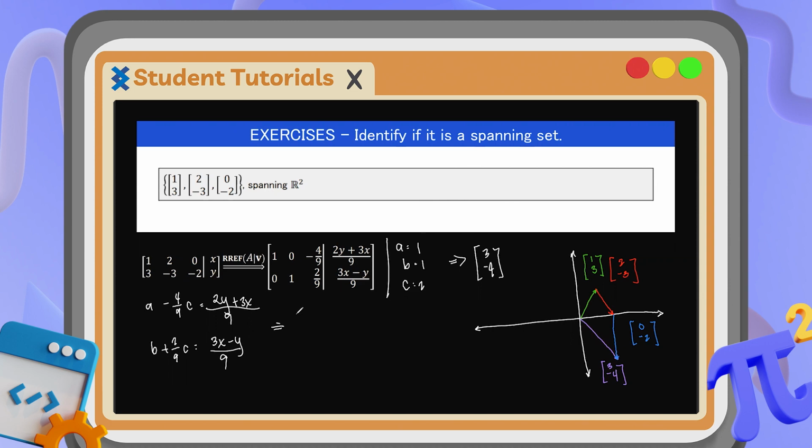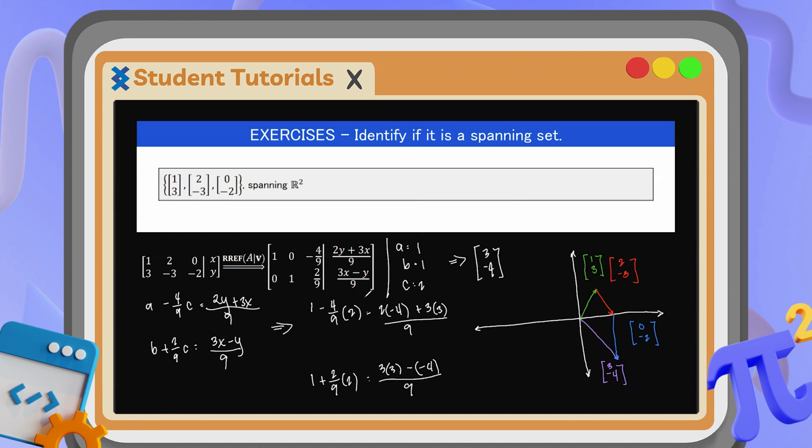So when you substitute these constants and the x and y values of this vector, on the left-hand side of the equation we first get 1 minus 4 over 9 times 2 equals 2 times -4 plus 3 times 3 over 9. Similarly, 1 plus 2 over 9 times 2 is equal to 3 times 3 minus -4 over 9.